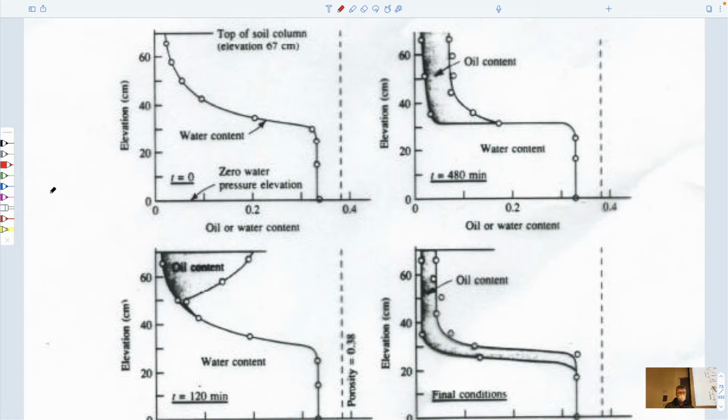You'll remember that we defined saturation as the volume of fluid alpha divided by the volume of the void space. The volumetric moisture content is defined as the volume of fluid alpha divided by the total volume.